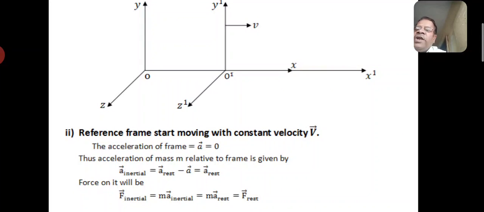Now, the force on it will be F inertial equals m into a inertial. In the above expression a inertial equals a rest. Therefore, m a inertial equals m a rest, which equals F rest, the force acting when the frame is at rest.